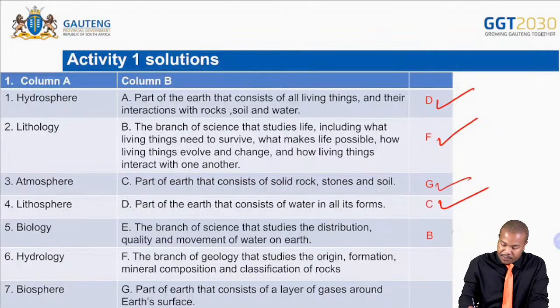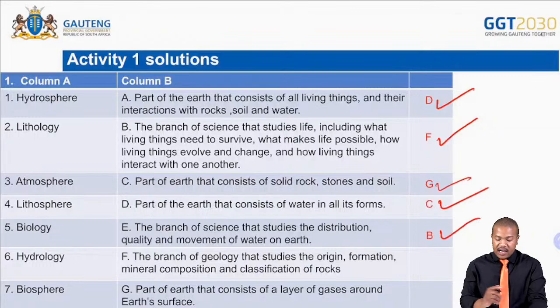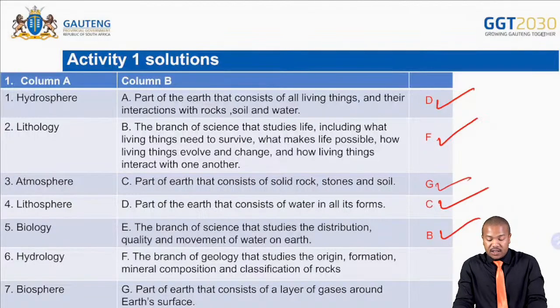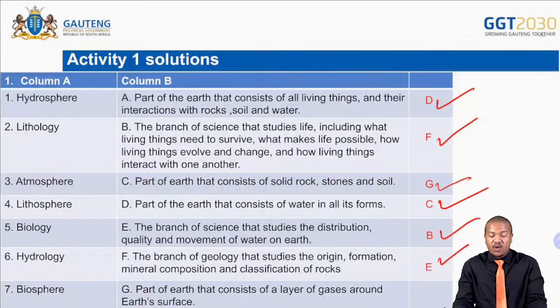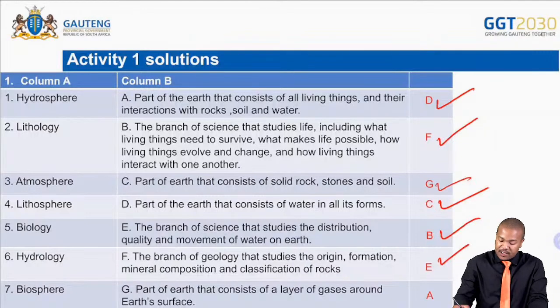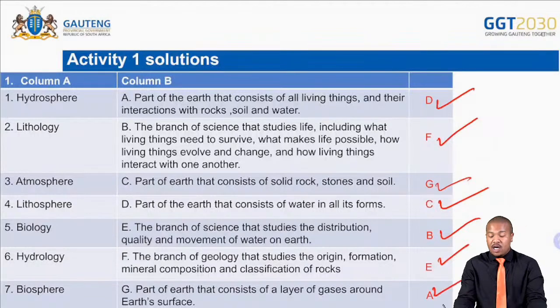That is B. Then number 6, hydrology, corresponds with E, which is the branch of science that studies the distribution, quality, and movement of water on Earth. Then 7, biosphere, corresponds with A, which is the part of the Earth that consists of all living things and their interactions with the rocks, soil, and water. So I'm going to give you a quick 2 minutes to copy down the corrections. Then after that, we shall continue with our lesson.